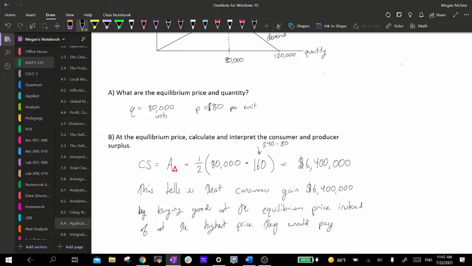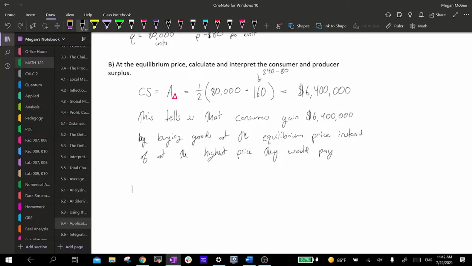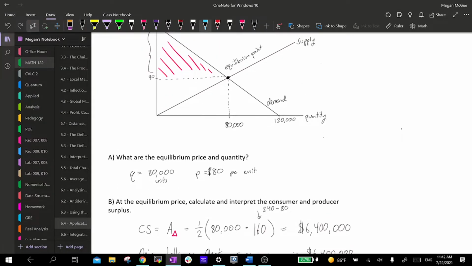Okay. And let's look at the producer surplus. So again, this is going to be the area of this triangle. All right.